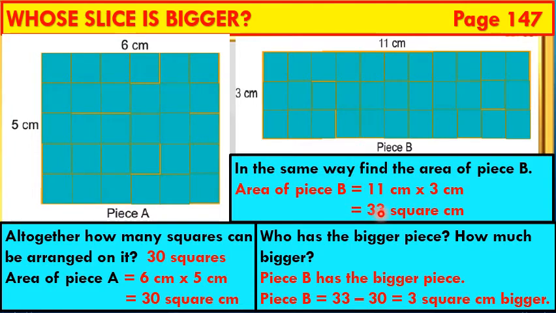So naturally, piece B, that is Guinea's aam papad, is bigger than piece A, that is Parth's aam papad. Now 33 minus 30, that is 3 square centimeters. So piece B is bigger than piece A by 3 square centimeters.